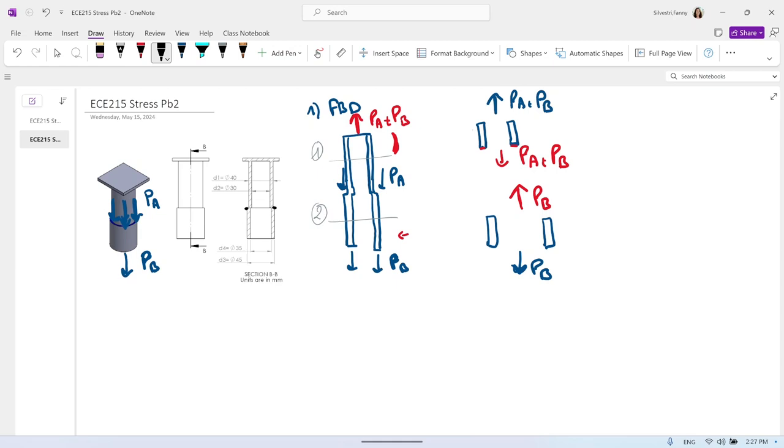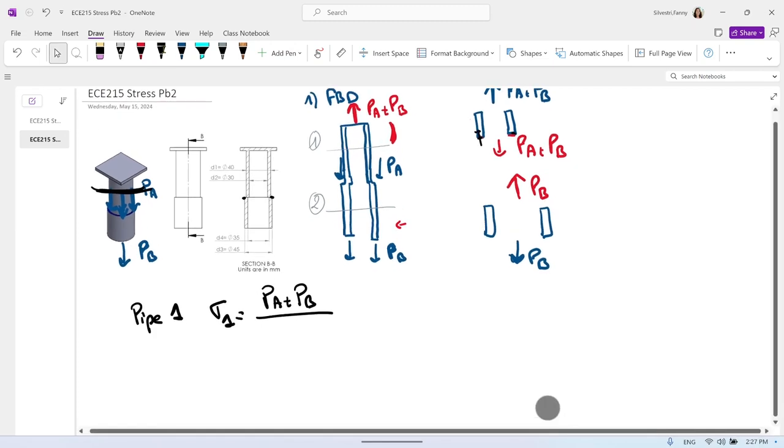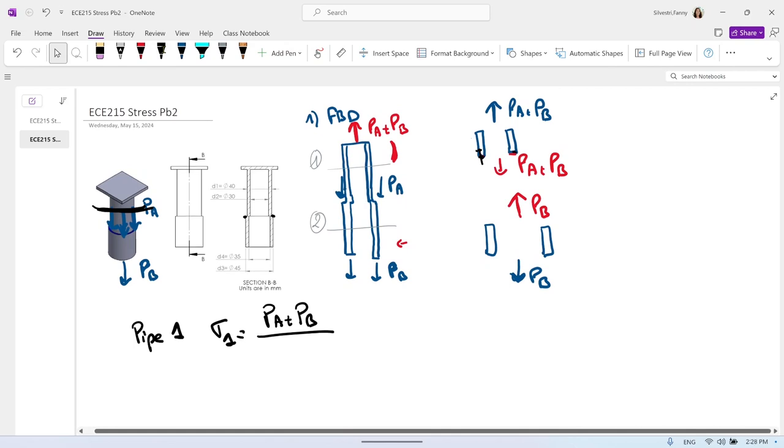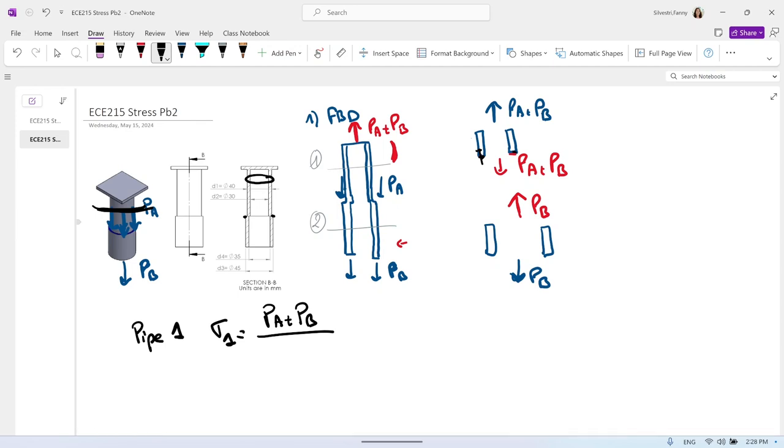So pipe number 1, the top one, we are looking at here in the pipe. Sigma 1 will be equal to the total force on the surface, PA plus PB, divided by the surface there. What is the surface of this one? That will be the surface of the outside circle's disk minus the surface of the inside.